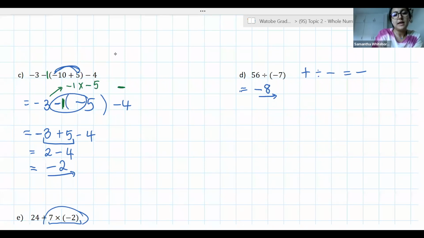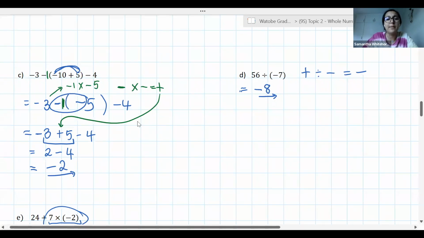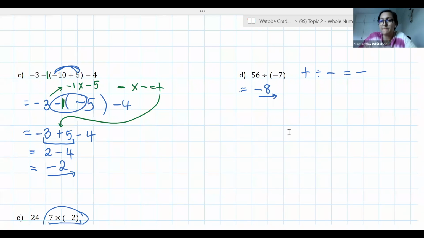Now we know that a negative times a negative is a positive. And so that's why my sign became positive. And so it's not just like disappearing. There is a reason for it. It's essentially because the multiplication of 2 negatives gives us a positive. Alrighty.